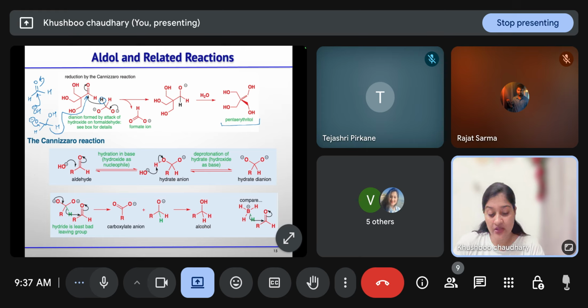erythritol product. This reaction, where one species gets oxidized and the other species gets reduced, we call the Cannizzaro reaction.